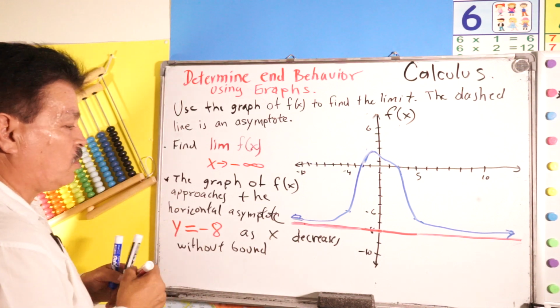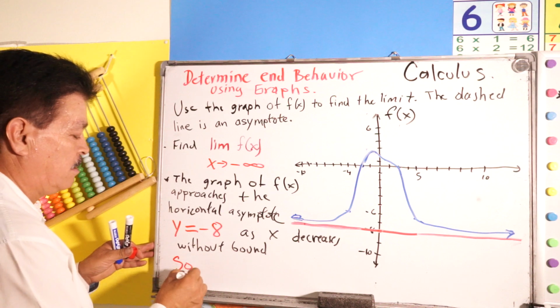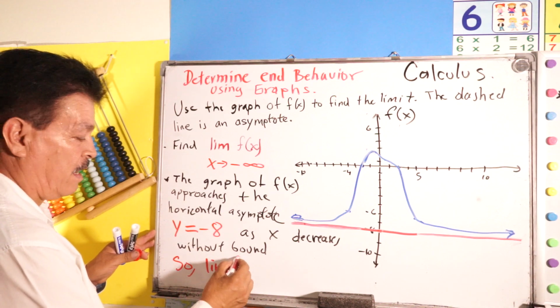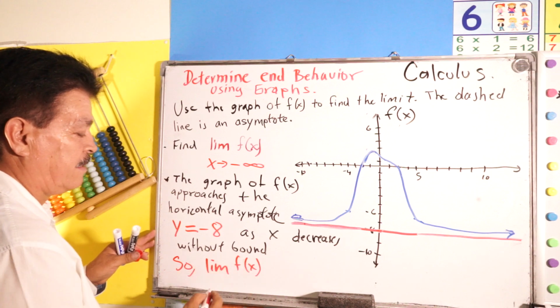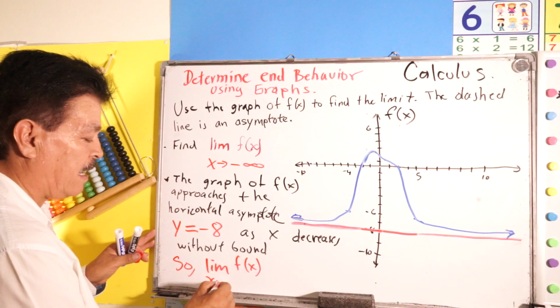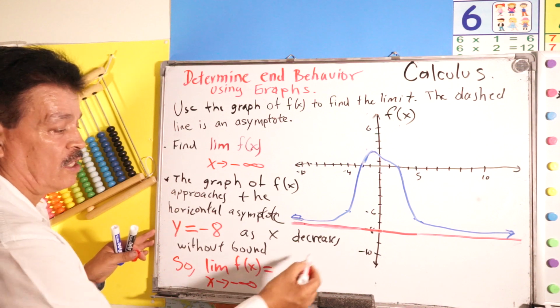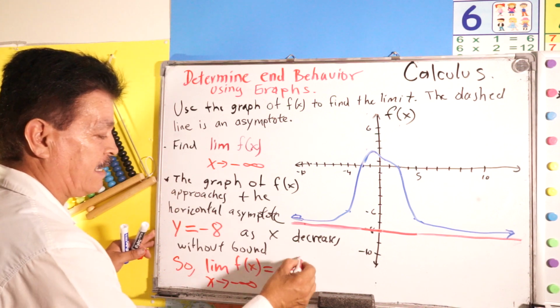So our conclusion here: the limit of f of x when x approaches negative infinity is equal to negative 8.